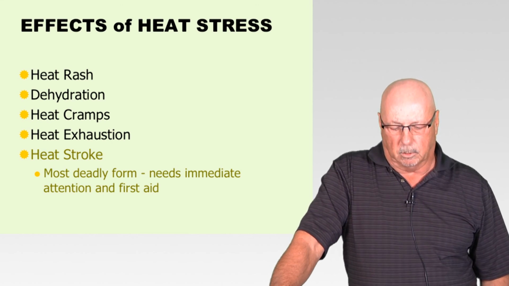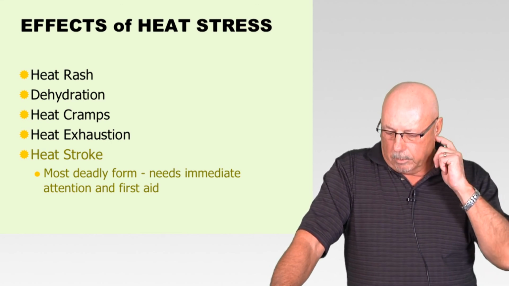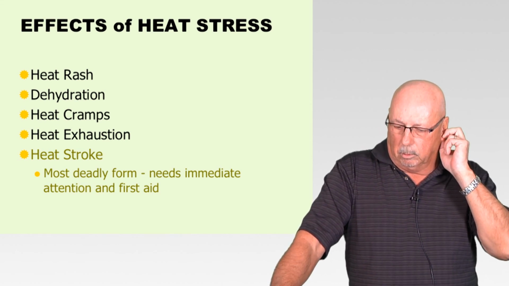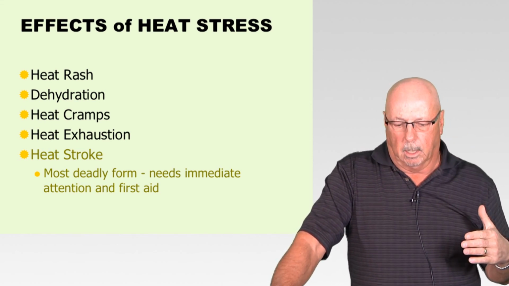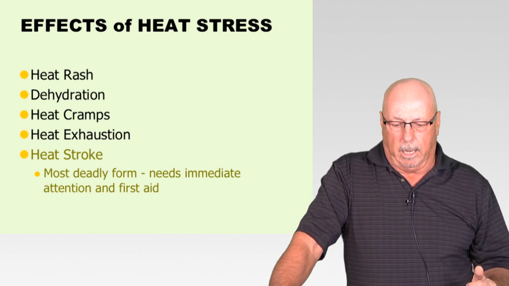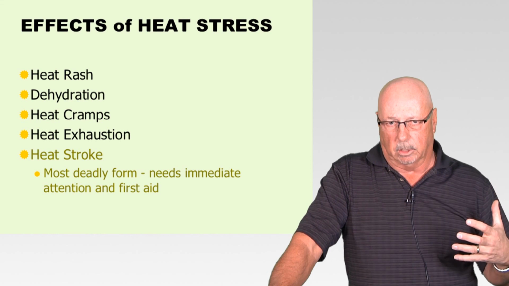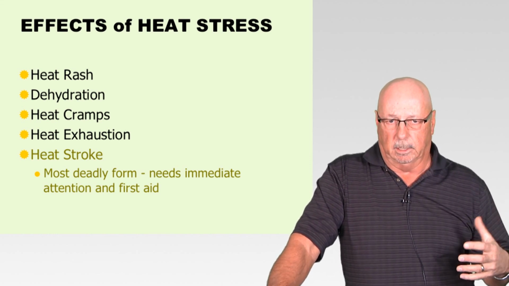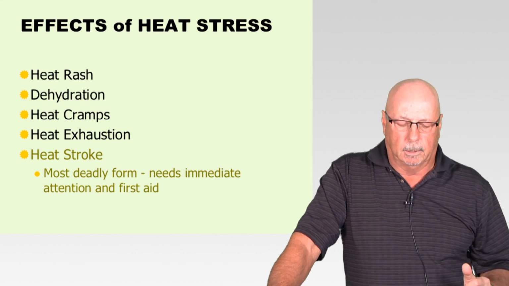In heat exhaustion, what happens is your body is losing lots of fluids. Usually an individual will have profuse sweating, and eventually if that continues on, they'll start to feel a little dizzy, disoriented.